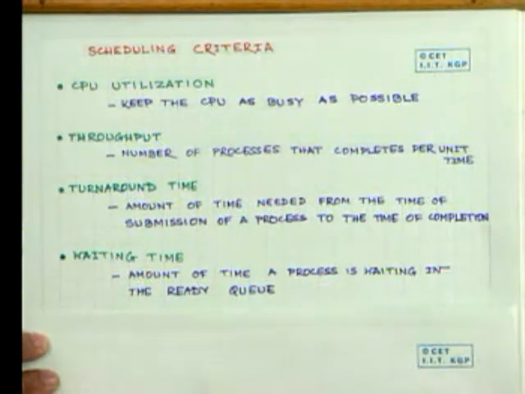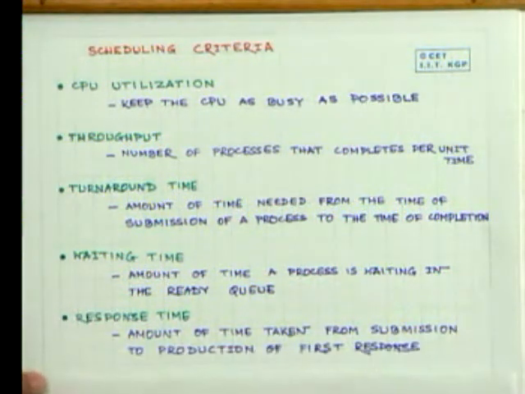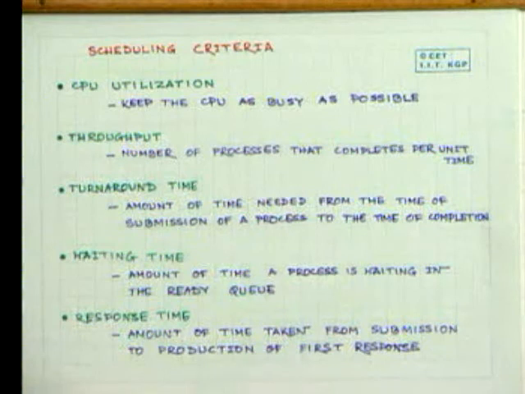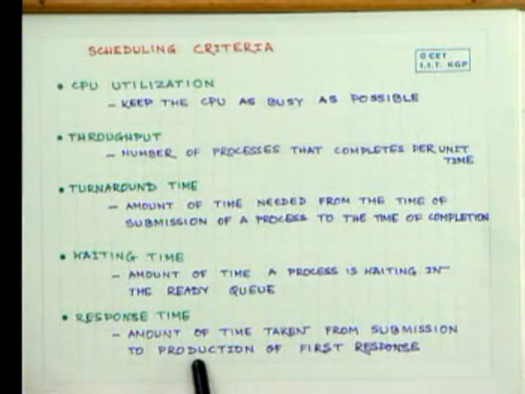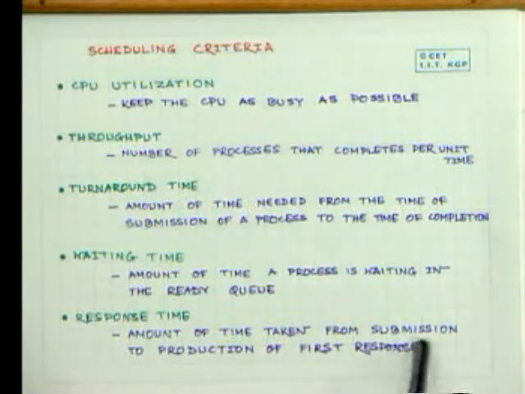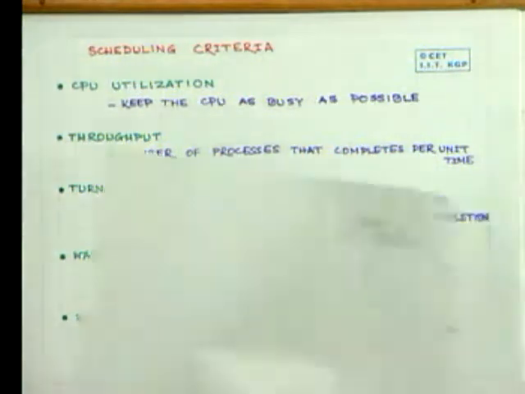That is another criterion. And one more important criterion is the response time, the amount of time taken from submission to production of the first response. When we talk of submission, we basically mean submission into the ready queue.